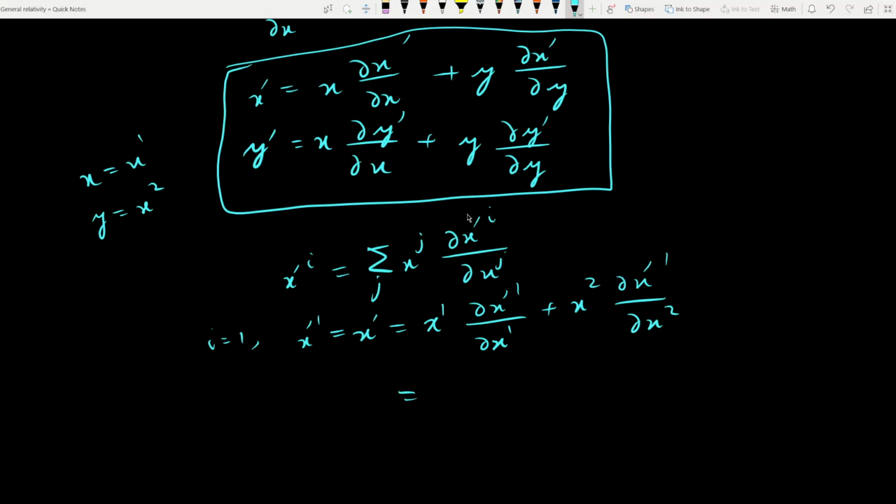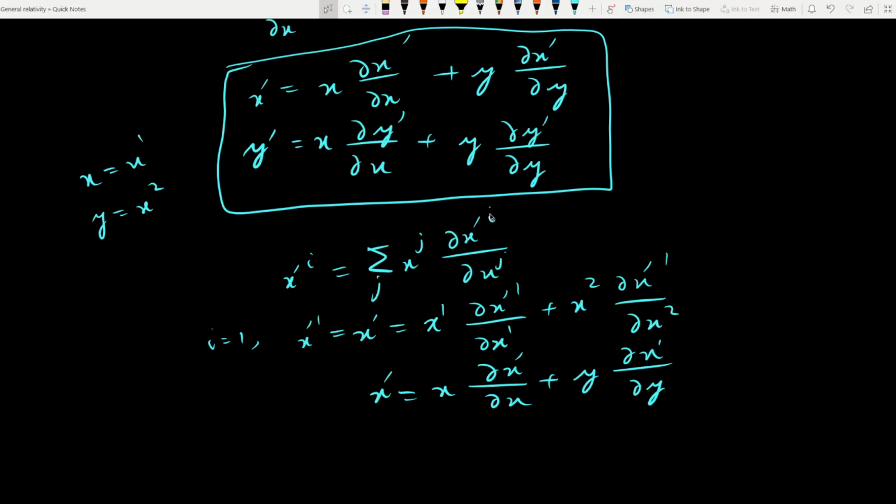So x1 was just x, del x1 primed over del x1 was just del x primed over del x, plus x2 was y, and del x1 primed over del x2 was just del x primed over del y, and this equation is just x primed, right?